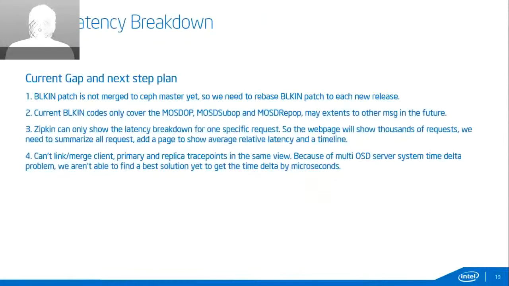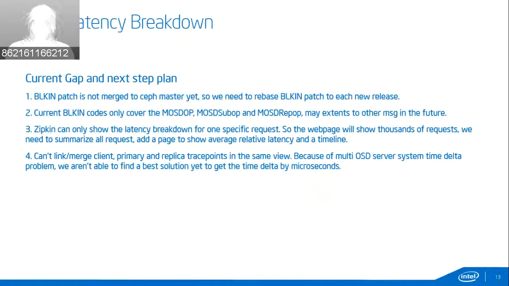The current gap is the blocking patch is not merged into the Ceph master code yet. But a few days ago, Andrew, the author of the blocking patch, already sent out his version 5. He said it is promising to merge in minutes, I guess.